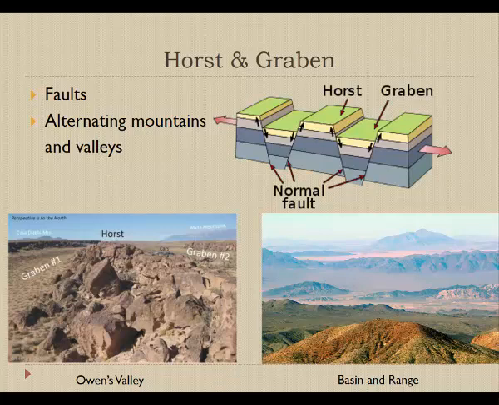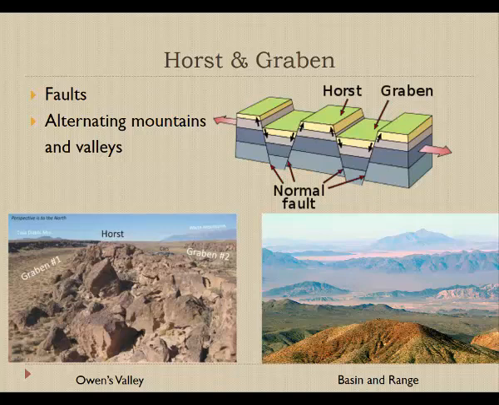And in this case, these alternating mountains and valleys are created along fault lines where we have certain blocks of the lithosphere that are sinking down into the ground, and then alternating blocks next door that are being pushed up or being left up as the other pieces are falling down below.